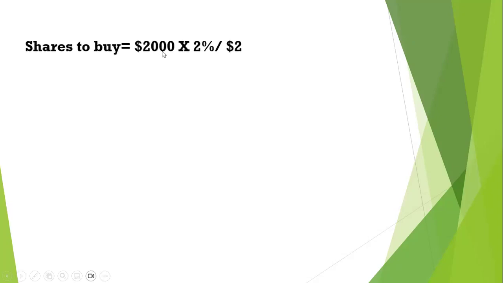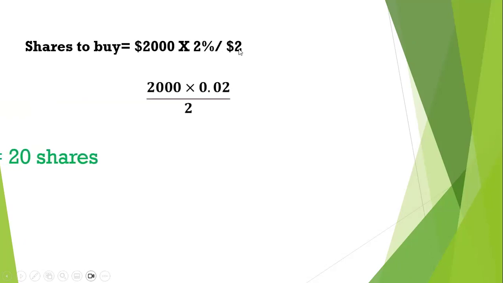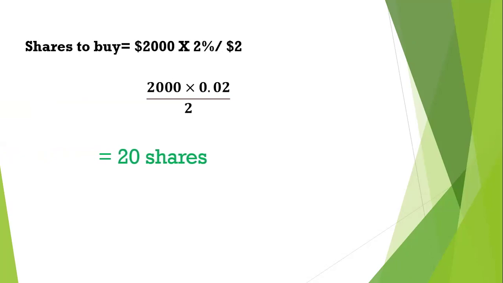This is your capital times the 2% risk that you're willing to take per trade, divided by the $2 risk that you're willing to take per share in dollars. When you make the calculation, you get 20 shares. So we have now decided that we are going to buy 20 shares.